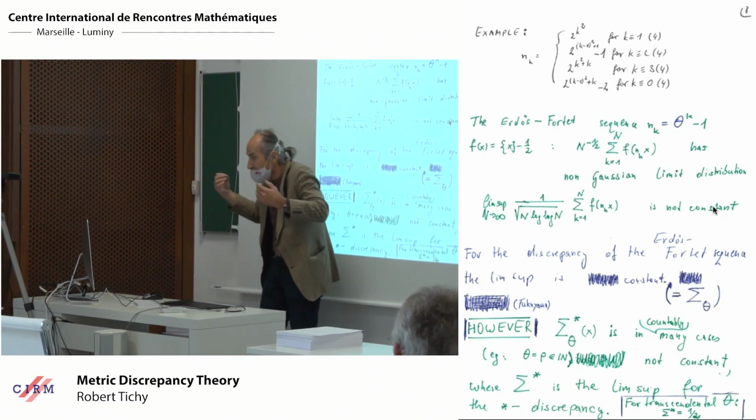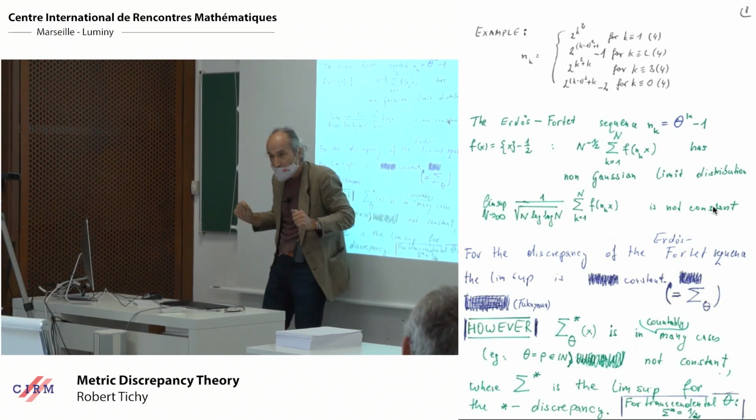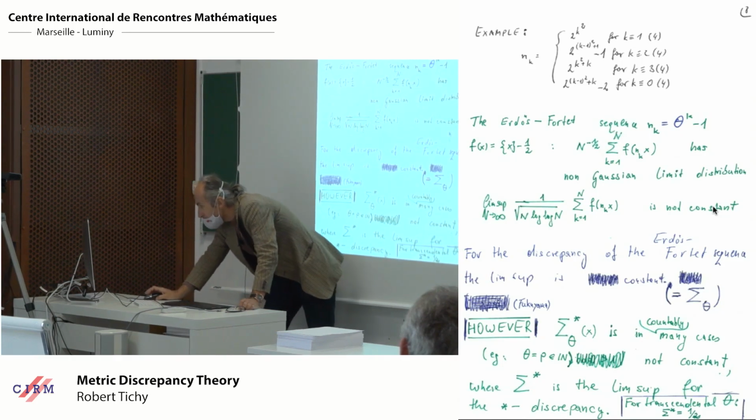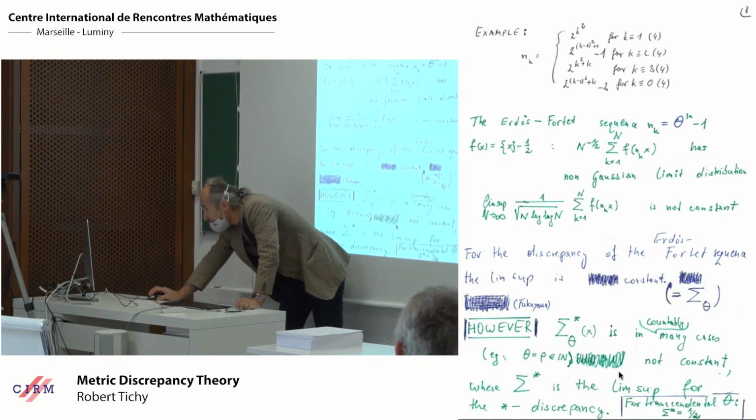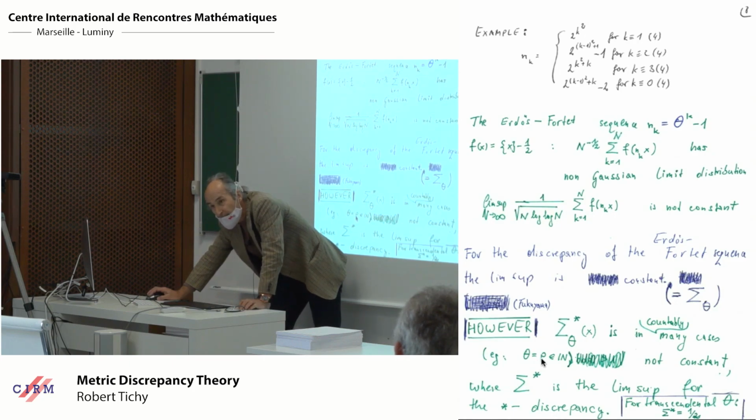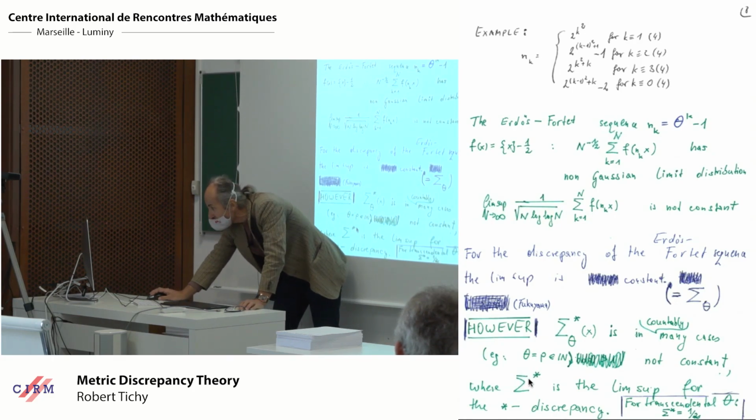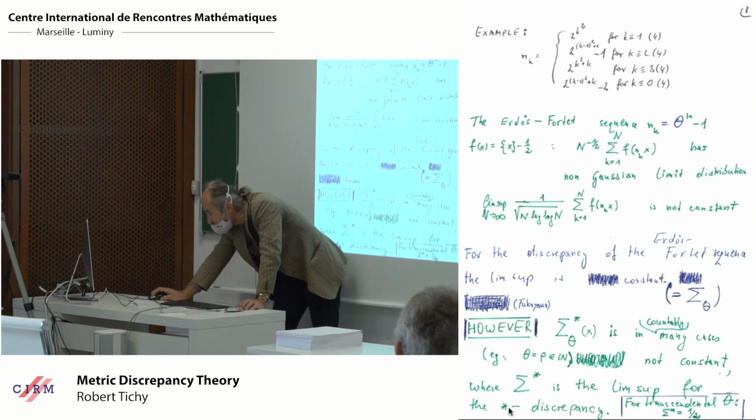And if you take this little variant of the problem, then you can find that in countably many cases, for instance, in the cases theta being a positive integer bigger than 2, p in my notation from above, the value of the sigma, this lim sup, star means with respect to the star discrepancy, now is not a constant.